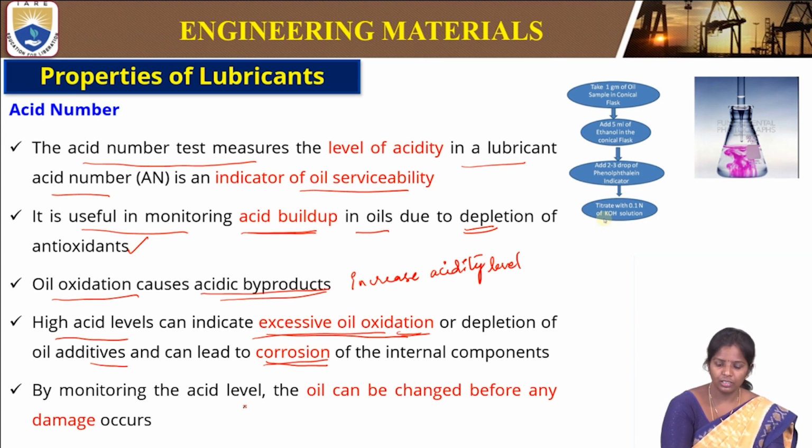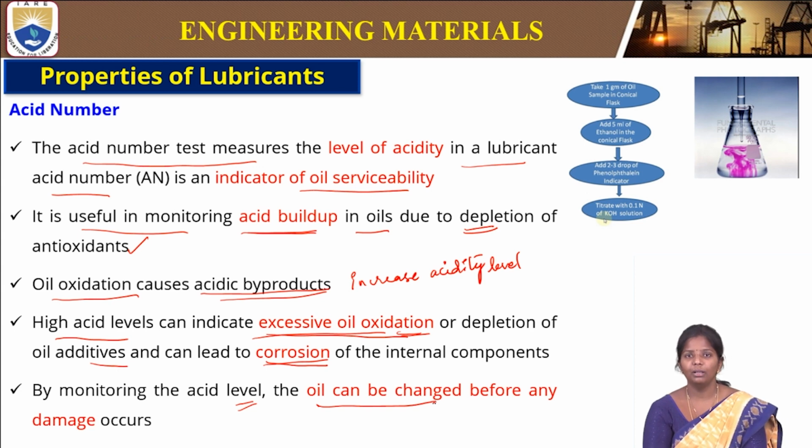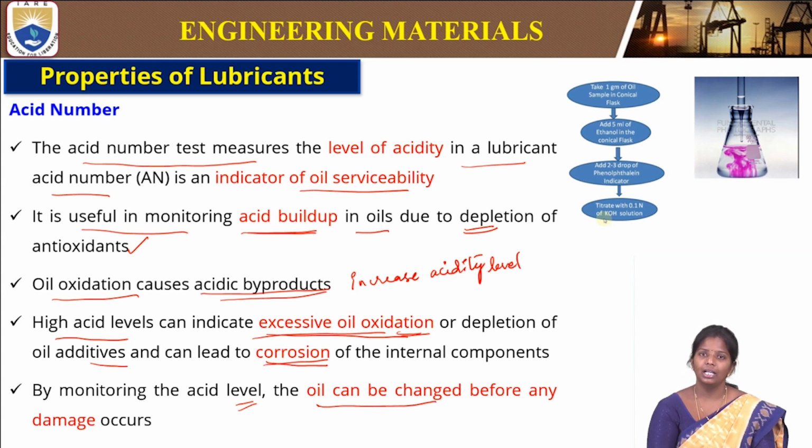So by monitoring the acid level, the oil can be changed. If we monitor the acid level at intervals, the oil can be changed before any corrosion takes place. So how is this acid number determined?